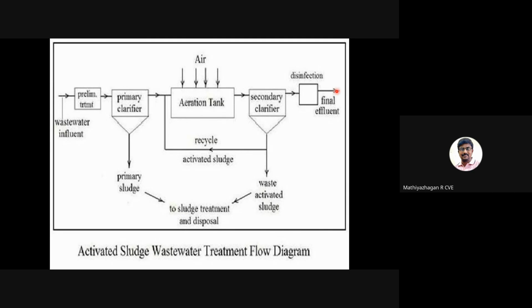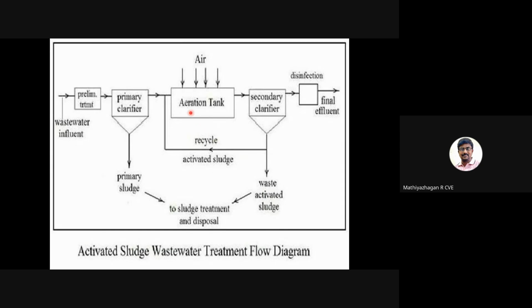It may be any surface water body, irrigation, or disposal into the ocean. Based on that, the treatment facility may also vary, and we can choose the appropriate treatment facility.